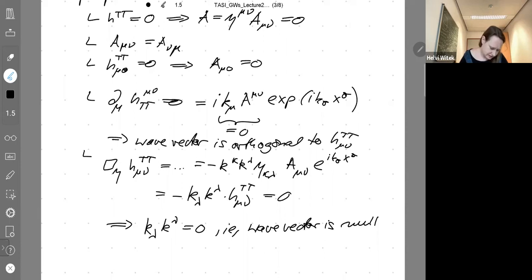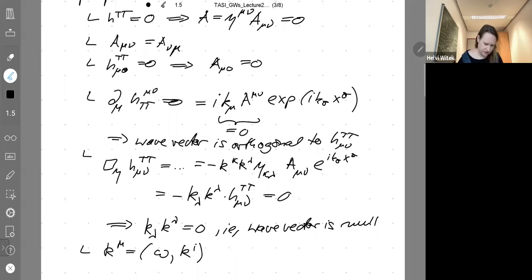If we now write out the components of this wave vector, we can find a dispersion relation. We can write the wave vector k mu with a term that contains the frequency and the spatial components.